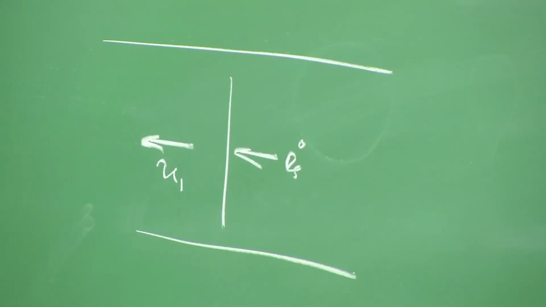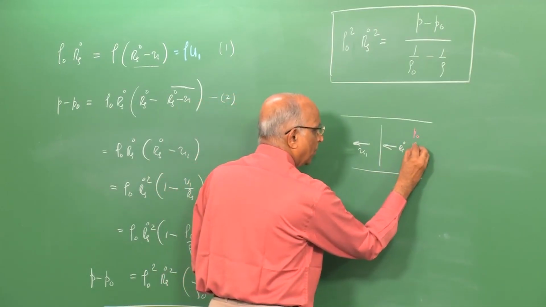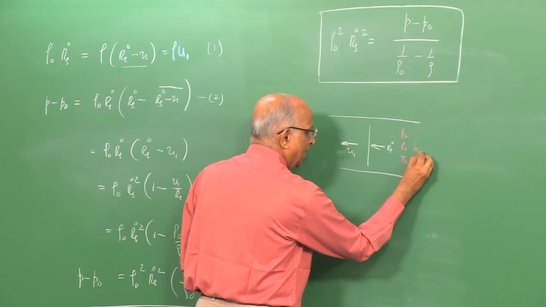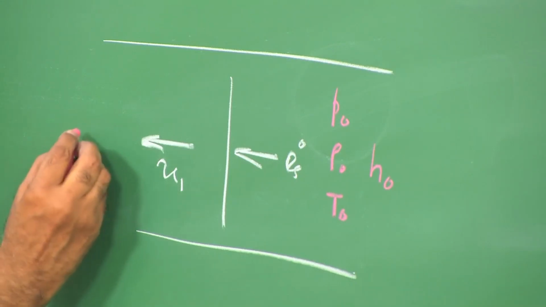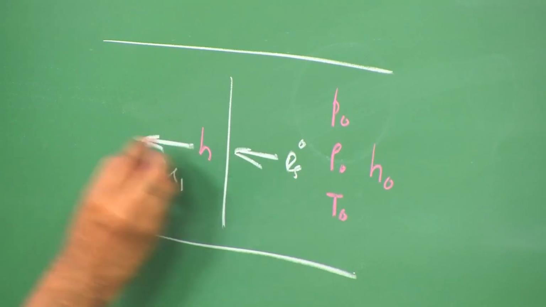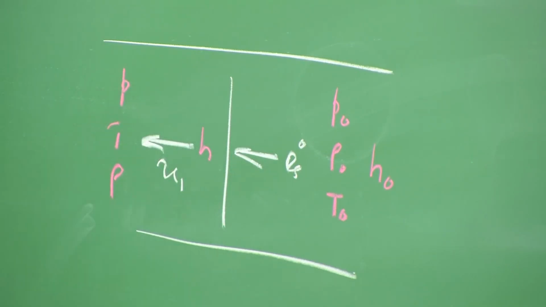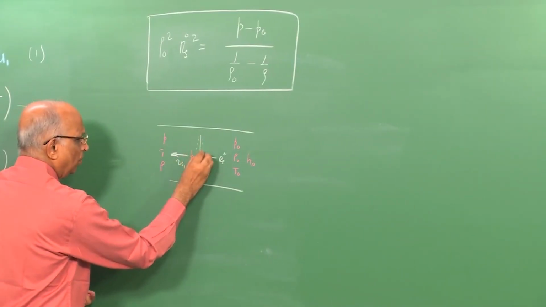I want to write the energy equation, and let us further assume that in addition to properties being p 0, rho 0 and t 0, the initial enthalpy of the gas here is h naught, and the enthalpy of the gas in this region is h, in addition to pressure p, t and rho. Now, I consider this shock, which is steady, as a control volume.